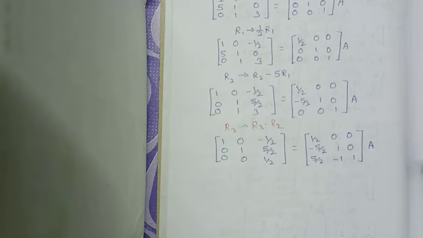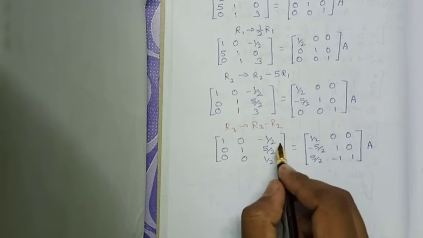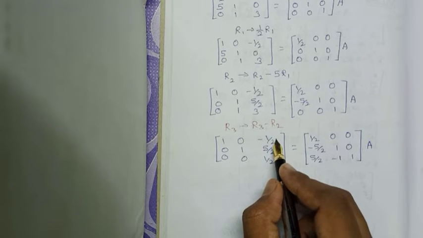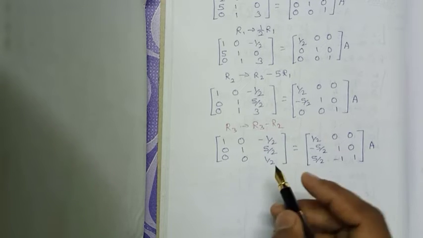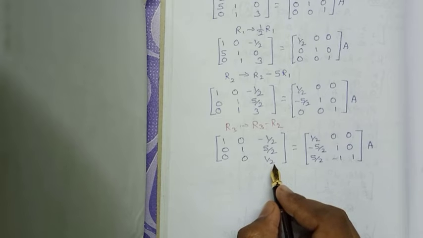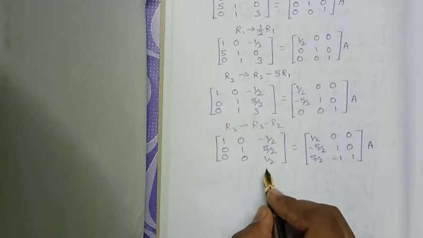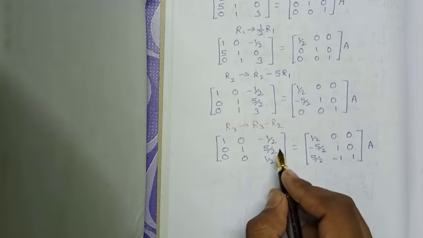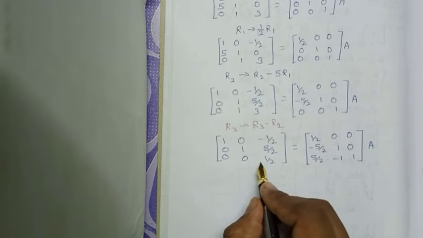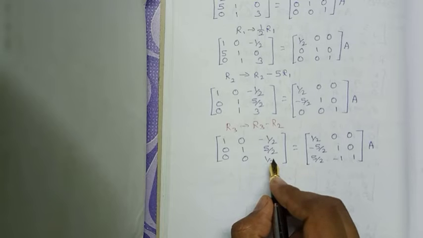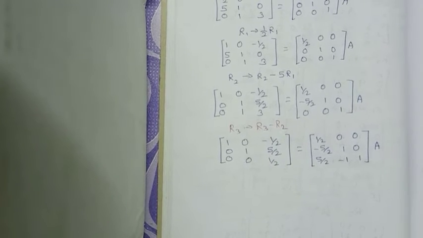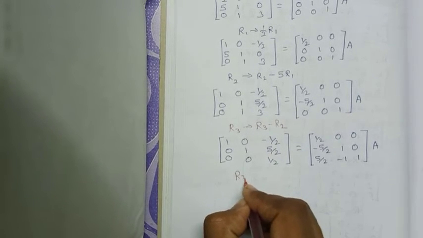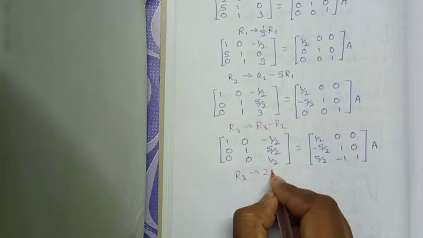In the third column, the entries should be 0, 0, 1. First we convert this entry to 1. Converting the other entries to 0 is very easy, so we just multiply by 2. That is R3 implies 2 R3.